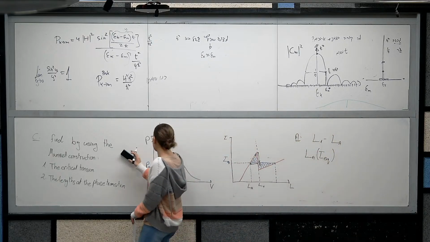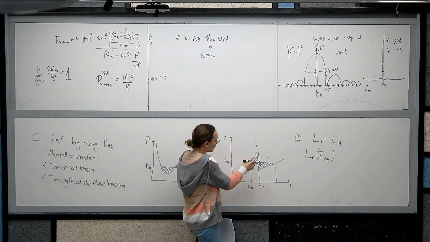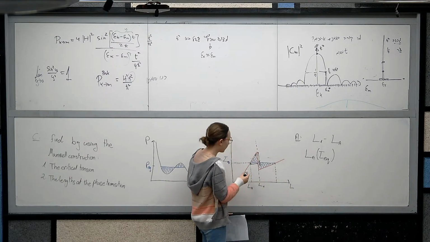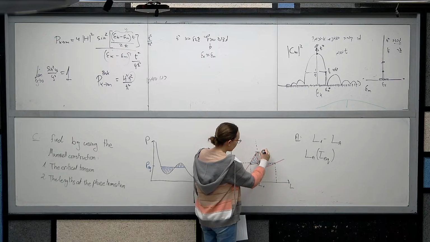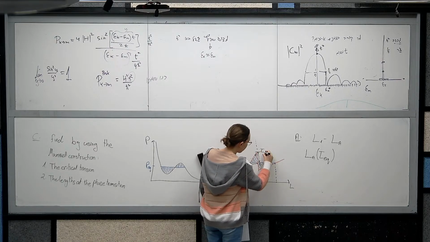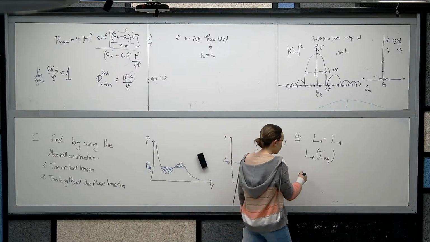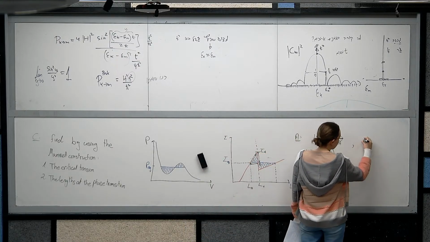The second line we want is the value of this tau, let's call it tau A, okay, minus the value of tau equilibrium.